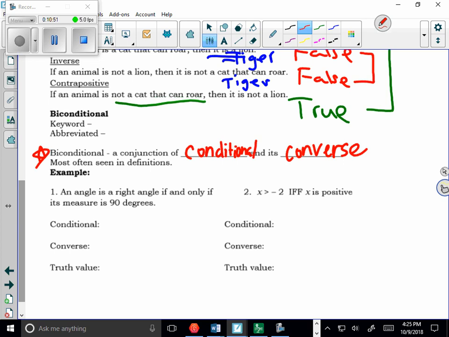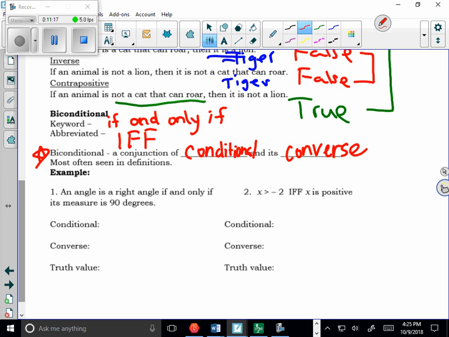A key word for doing a biconditional, the way you know that's what you're looking at, is the keywords if and only if. And abbreviated, you're going to see it as IFF. So let's see, let's break it down. They said it's a conjunction of our conditional and our converse.